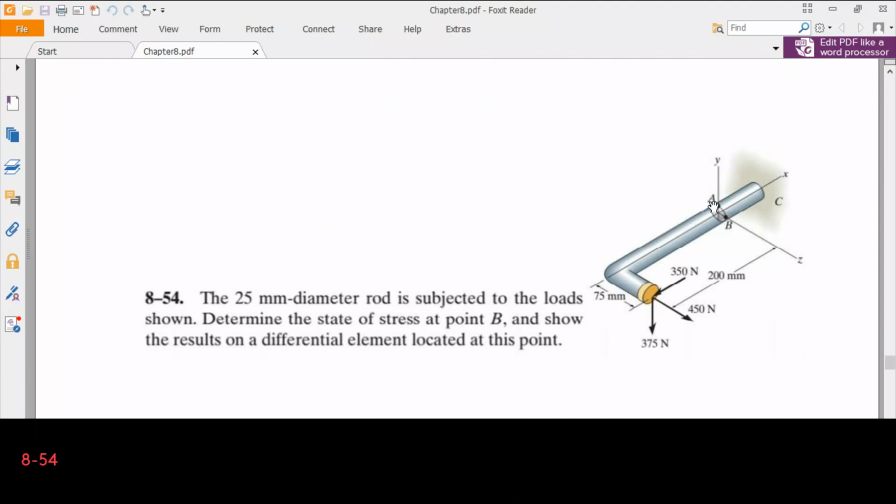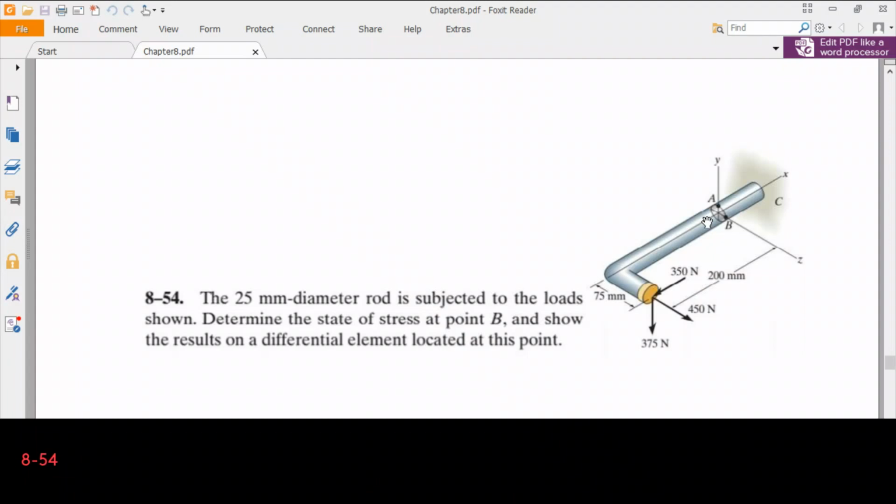So at this cross section, we will make a cut, and then we will put the internal moments and internal forces on the surface. In any case, this piece has to satisfy the static equilibrium conditions, and therefore we can easily calculate the forces.